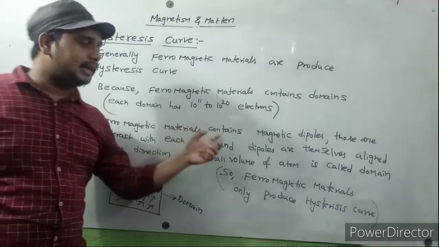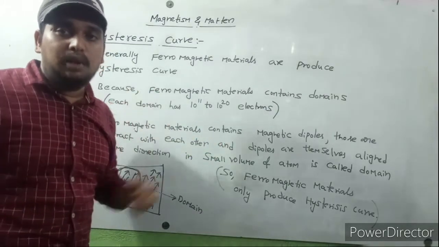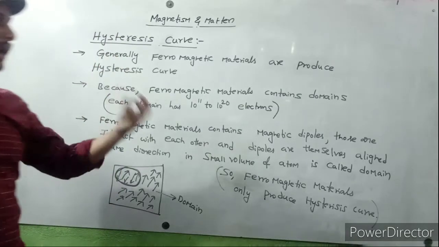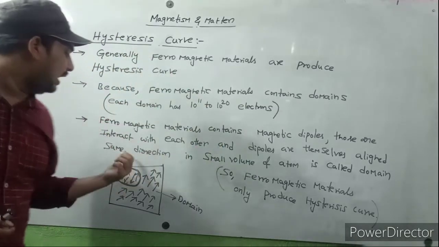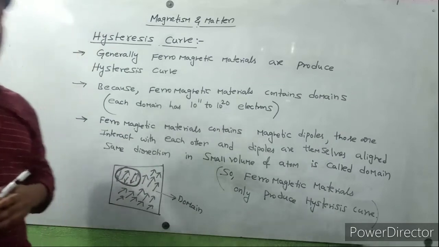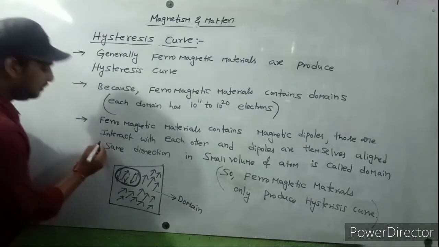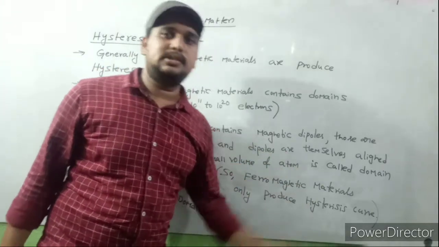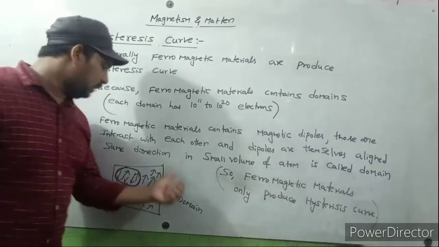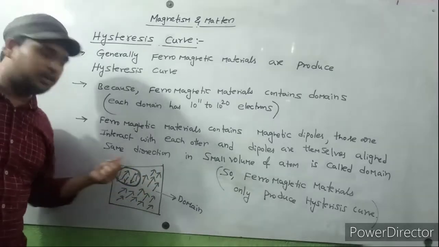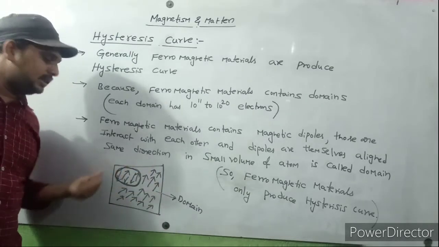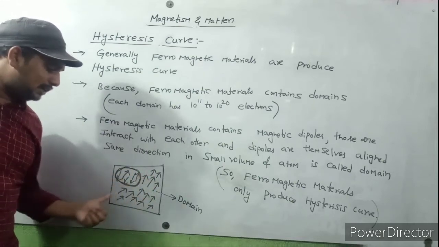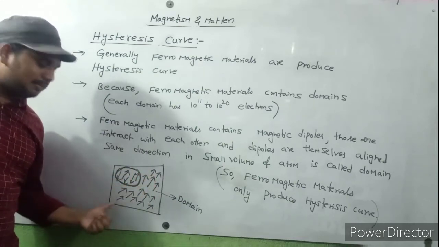Ferromagnetic materials contain magnetic dipoles, which interact with each other and are aligned in the same direction in a small volume of atoms, called a domain. For example, this is a ferromagnetic material with atoms containing some dipoles.